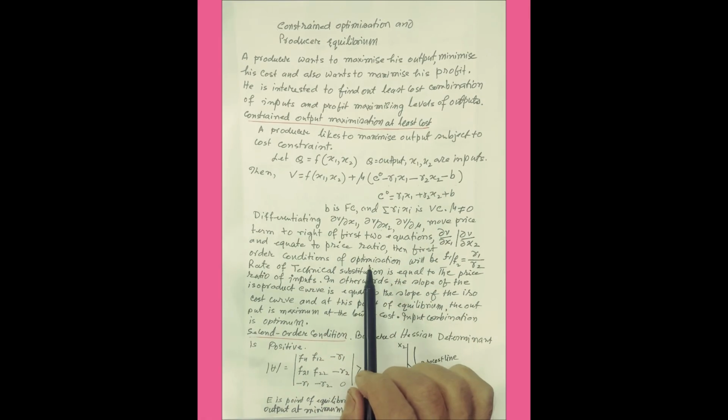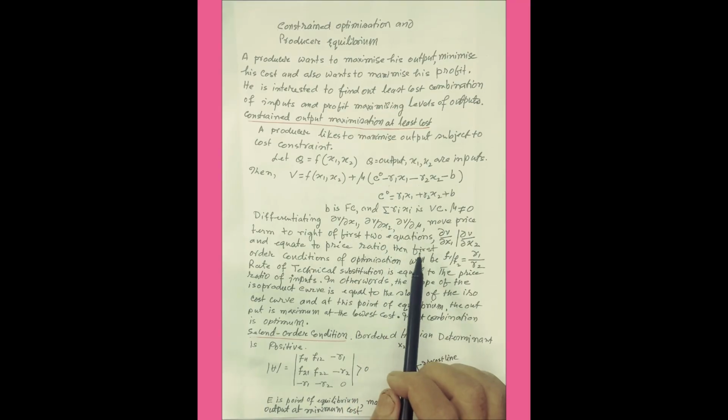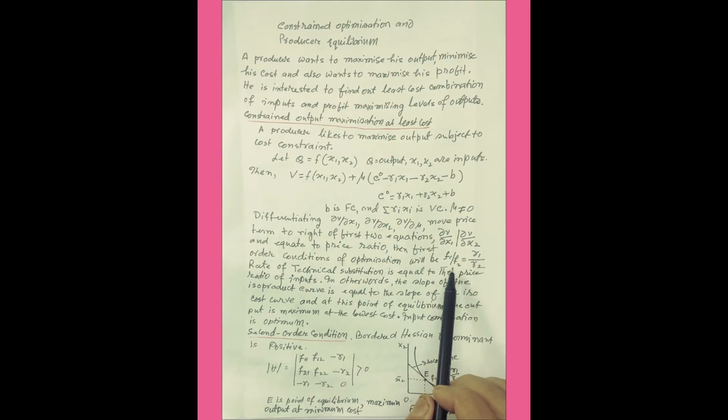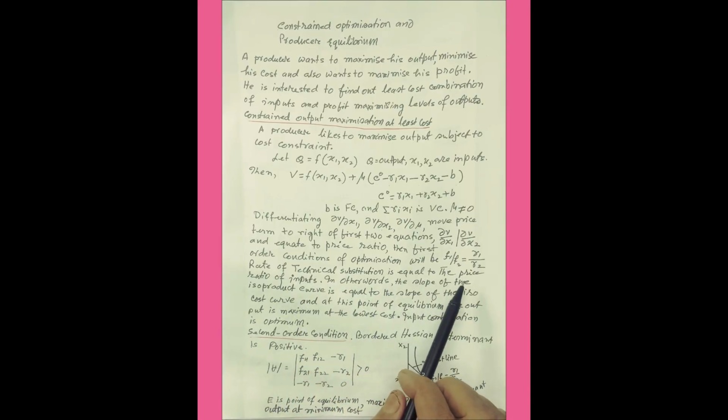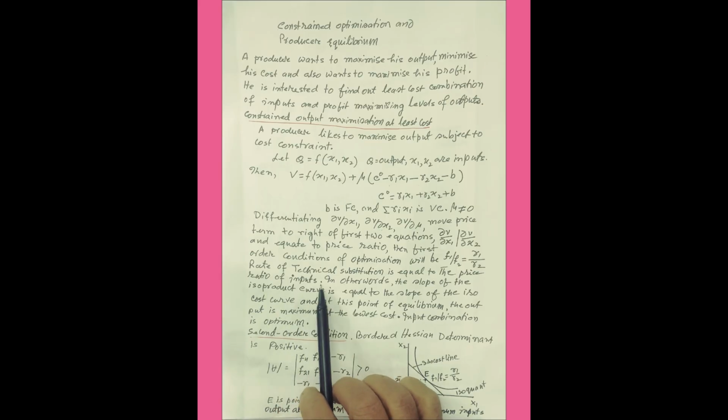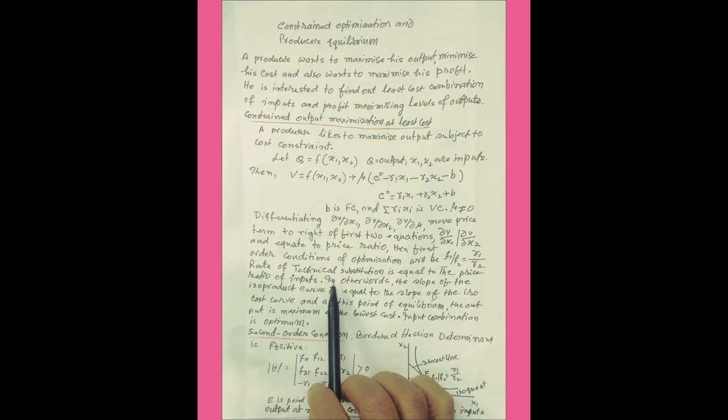Okay. Then dividing the first equation by the second equation, we get the first order condition F1 by F2 is equal to R1 by R2. So the meaning is that the rate of technical substitution is equal to the price ratio of inputs. So the marginal rate of technical substitution, MRTS.